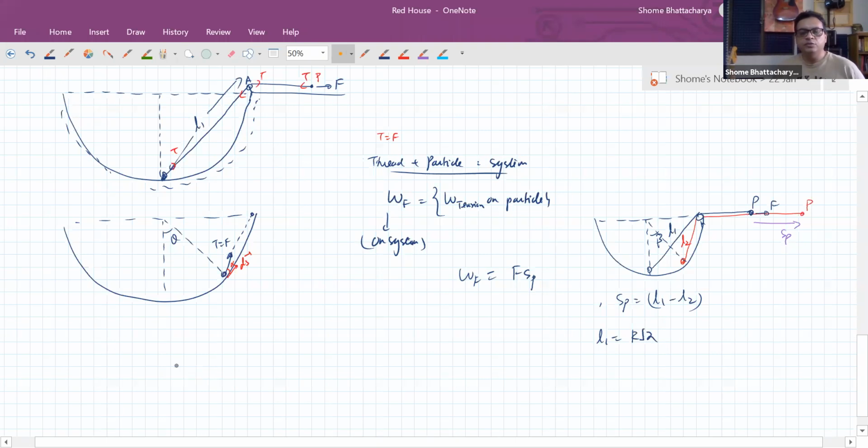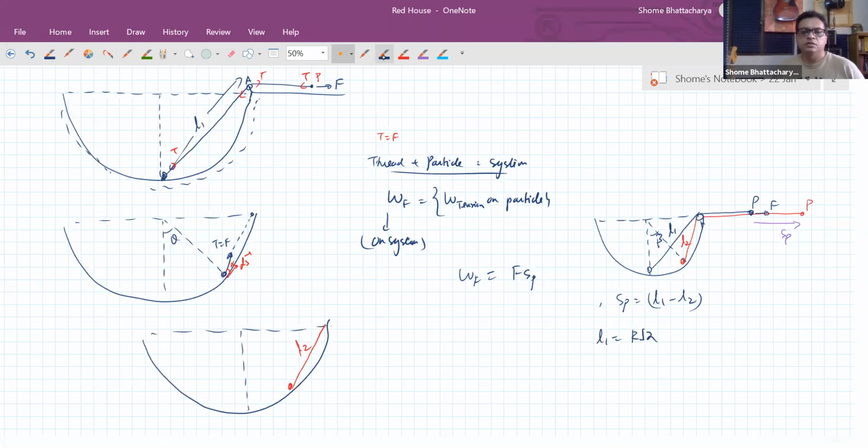But L2 we have to figure out geometrically. That is nothing but the chord length. L2 is this chord length when this angle over here has become beta. So when this angle has become beta, this angle, let's say phi, is 90 minus beta. So just drop a perpendicular here.